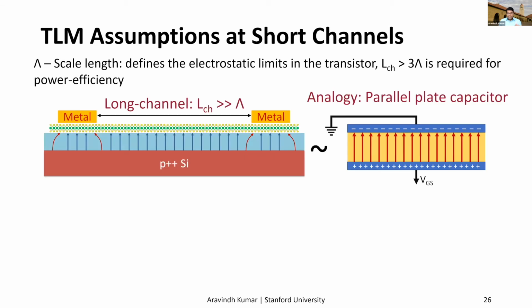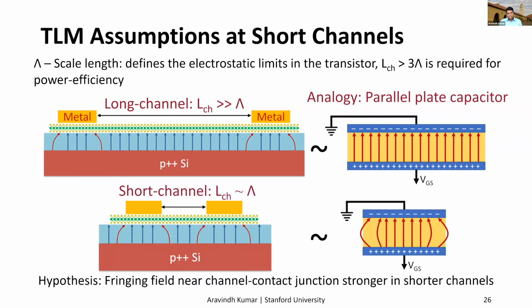In the long channel case, which is defined as the transistor channel length being much longer than the scale length, the electric field lines look very perpendicular to the channel for the most part, except for some electric field fringing near the contact edges. These fringing fields form a very small part of the flux. So this situation is very analogous to the parallel plate capacitor.